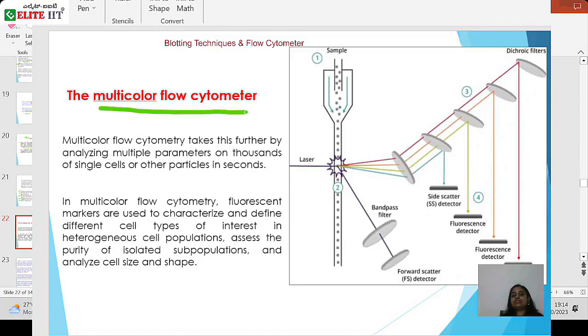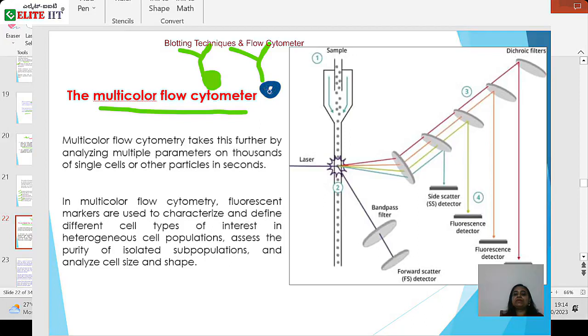Now, multicolor flow cytometer. What is the main principle here? Previously, we have discussed that only one antibody was there. With one antibody, one type of labeling was there. Fluorophore were attached. But in case of multicolor flow cytometer, you can add various antibodies and various types of fluorescent compounds.